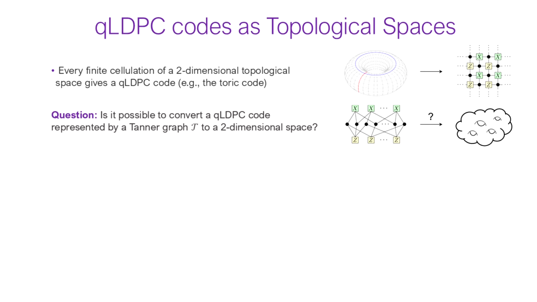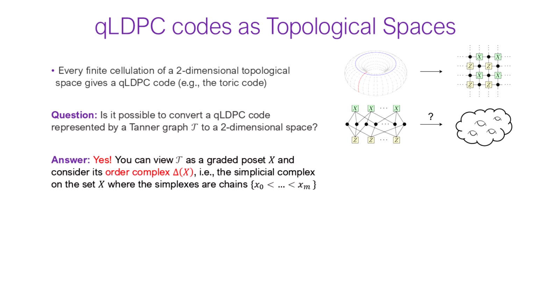The natural question to ask is whether we can convert an arbitrary quantum LDPC code into some kind of topological space, and the answer to this question is yes. We can do this if we interpret this Tanner graph as a poset with 3 levels: the largest level, the middle level, and the lowest level, and these connections correspond to the order. So we can see this graph as a Hasse diagram of this poset.